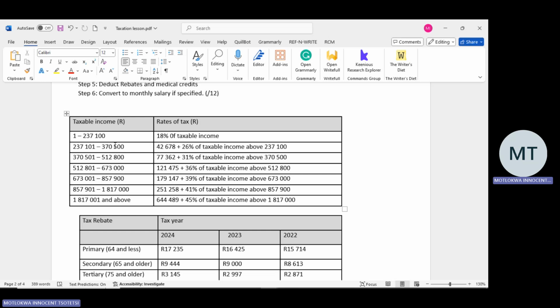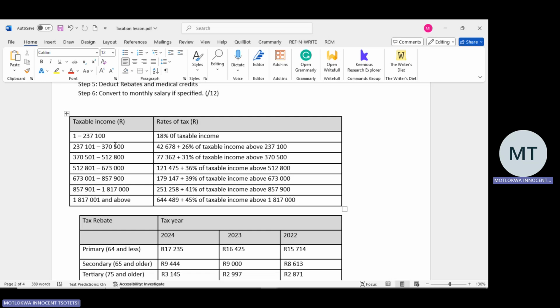So we move to tax bracket number 3, with a minimum amount of 370,501 and a maximum amount of 512,800.